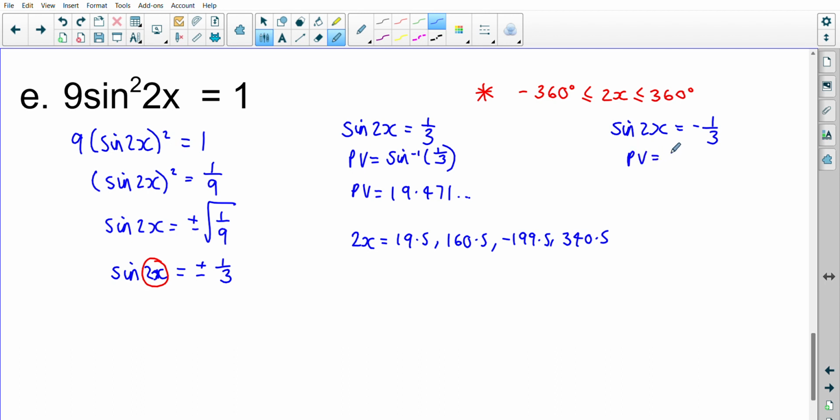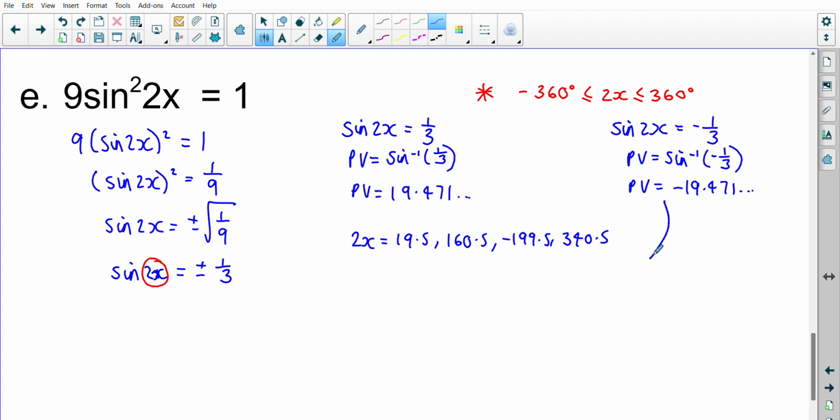If you've done this one, you'll get the negative version of the other principal value. And once you've done your CAST, so a full turn anti-clockwise from 0 to 360, a full turn clockwise from 0 to minus 360, interestingly, you should just have the opposite sign to these solutions.